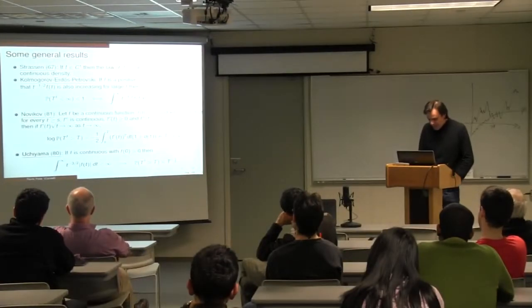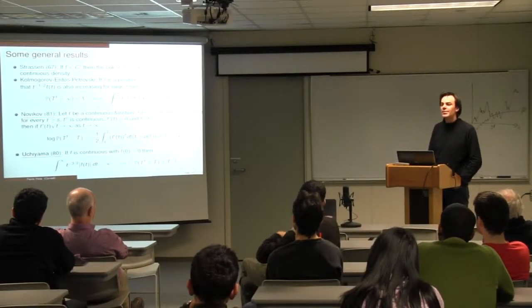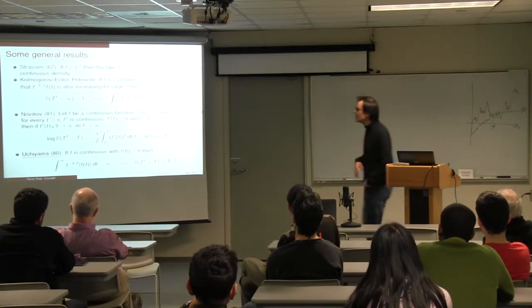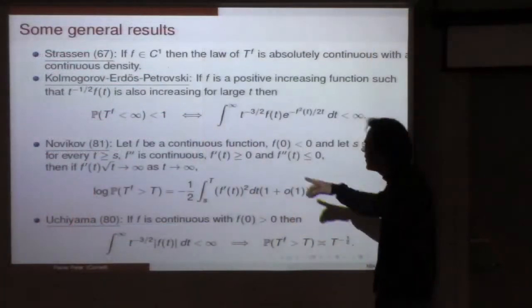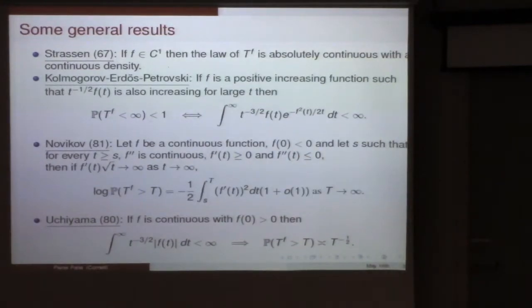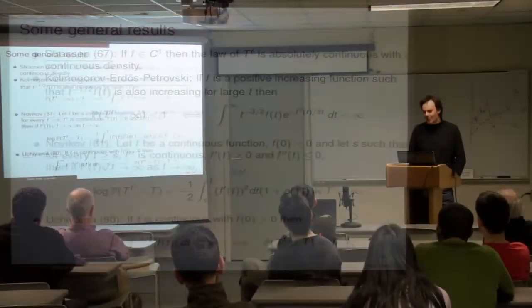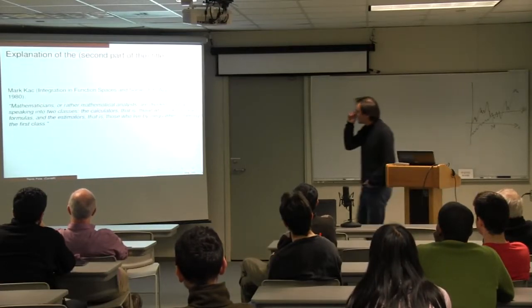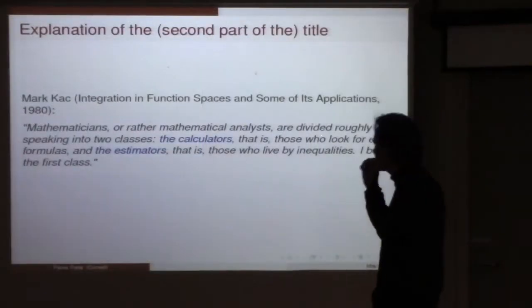So now I will turn to the explanation of the second part of the title. Just before going there, I would like to say that it will be the last time in this talk that you will see inequality signs, and not the equal sign. Why? Because the calculator viewpoint is explained.